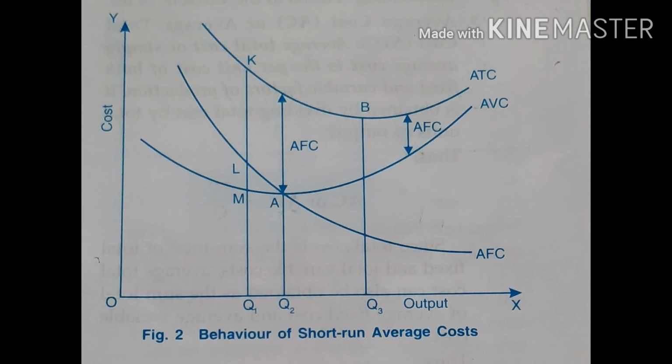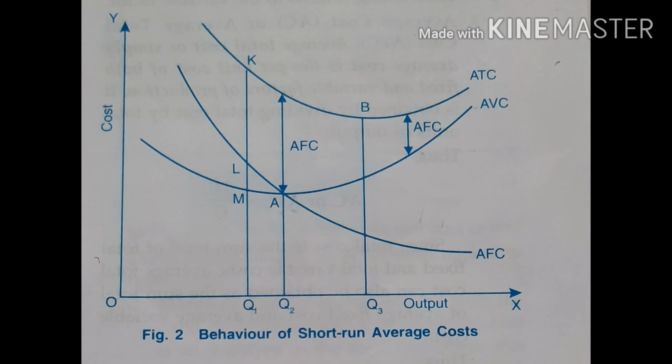You can see the arrow showing AFC. So the distance between ATC and AVC is equal to AFC. Even though these curves move closer to each other, they will never coincide or intersect, because the distance is equal to AFC, which is a positive value and can never be 0. This is about the diagram.